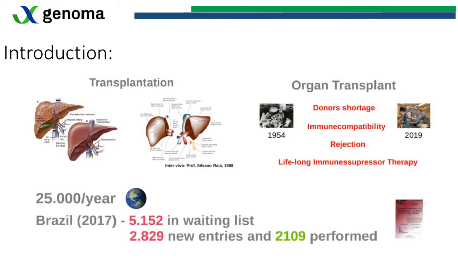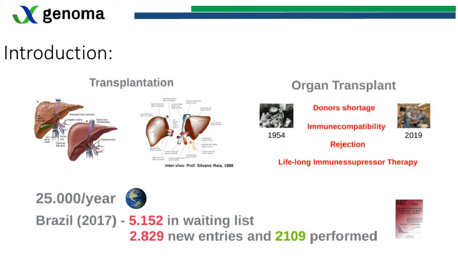So it is estimated that around 25,000 liver transplantations are performed every year in the world. In Brazil, in 2017, we had more than 5,000 patients on the waiting list. That same year, we had almost 3,000 new entries and only performed 2,000.